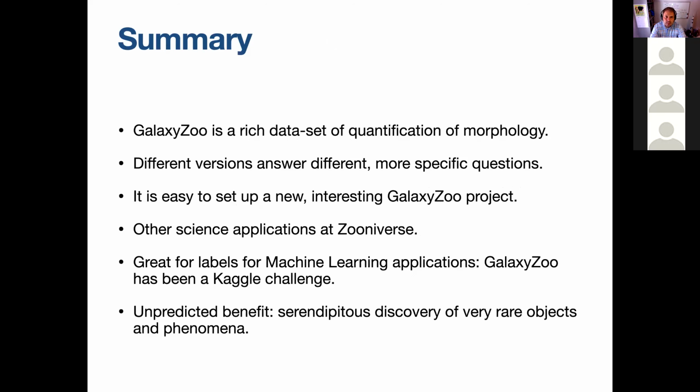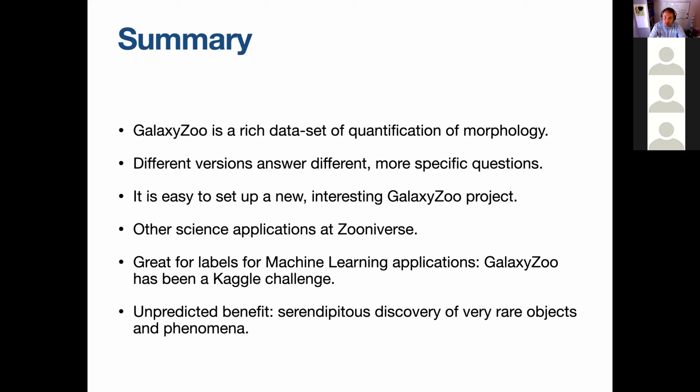So citizen science is a fantastic way to classify morphologies, to turn a large number of images that we have into morphological statistics, into morphological information. It's a rich data set. Nobody has even remotely published all the information there.